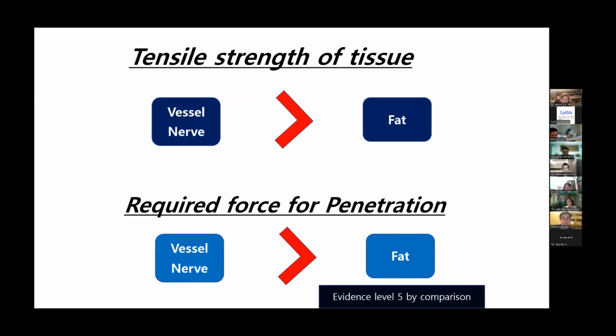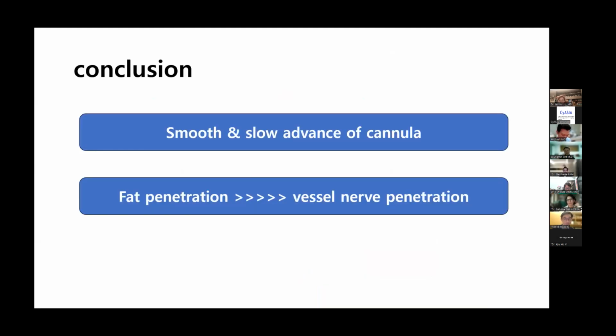When we use the cannula, we must advance it softly and slowly and always feel the sensation. When the patient tells us about pain, it generally arises from vessels, nerves and some fibrous tissue. So we always focus on the pain and the right-hand sensation.